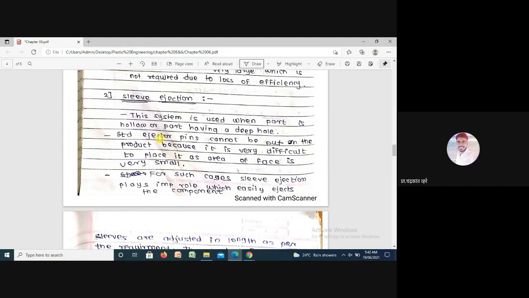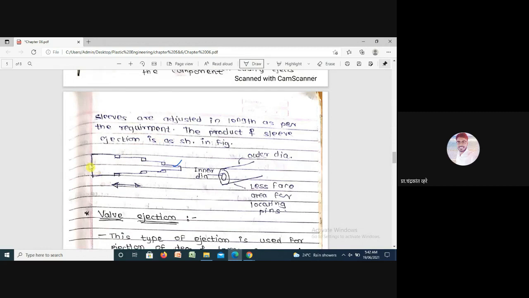In some cases, a part has a slot, and for that purpose also we use this. In the sleeve ejection system, we have a simple stepped diameter part, and we use one cylinder. I will show the mechanism once again.